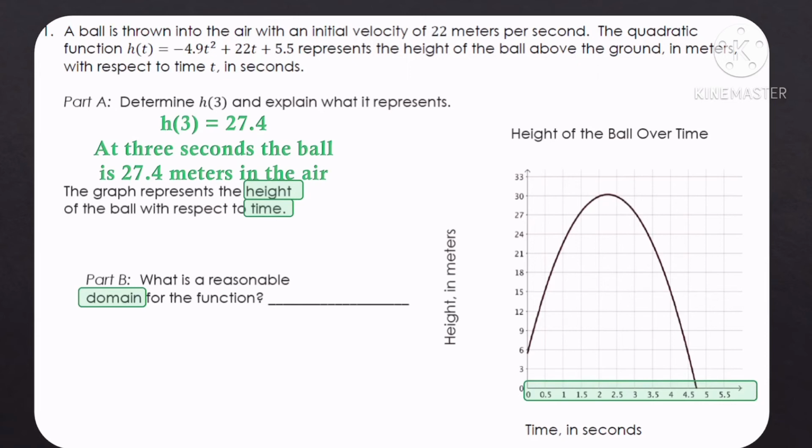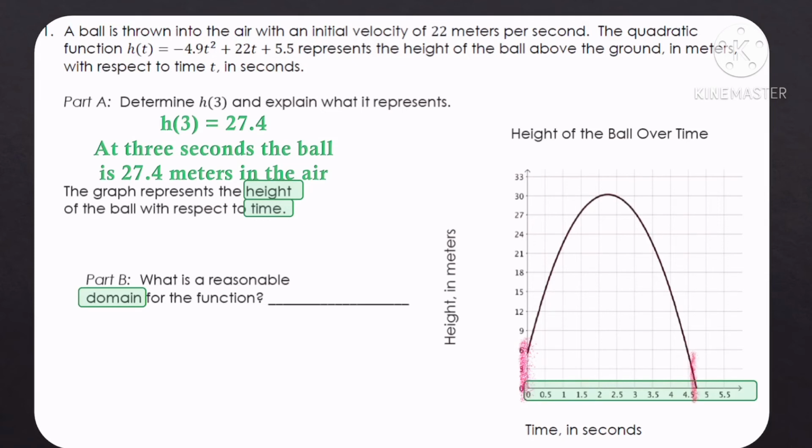Think about time. Our ball is going to start at what time? It's going to start at 0 seconds. Eventually, it is going to end. Our time is not going to go on forever. A ball cannot physically stay in the air forever. So if we look at our graph, we want to go up. It's starting at 0.